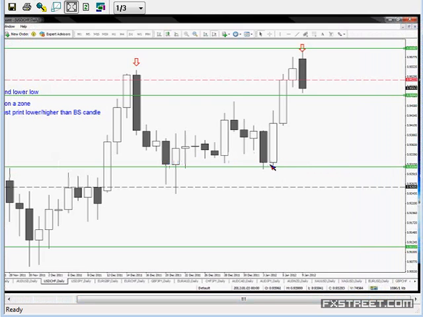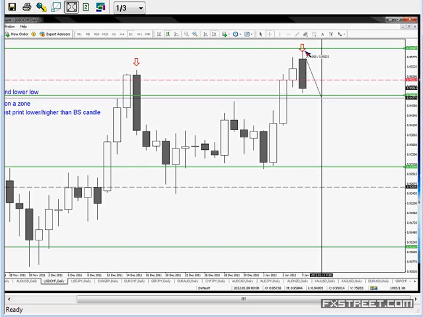So if this candle does print like it does here, it's a possible sell trade, targeting down here. That's 166 pips. Stop loss is 121 pips away. And then the next target would be 358 pips way down here. So that would be a possible big shadow setup on the Swissy.